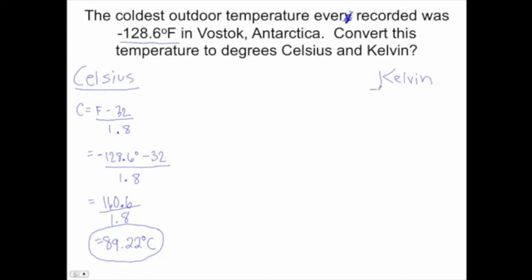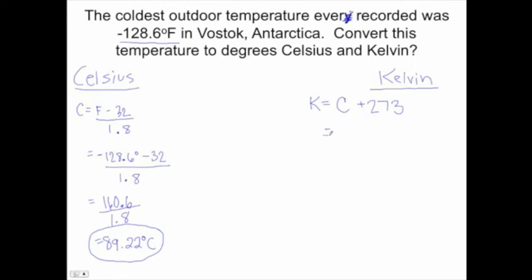Now we can take this Celsius temperature and get the Kelvin. The only formula we have that has Kelvin in it has Celsius plus 273. So this is why we have to get the Celsius first, because this formula doesn't have Fahrenheit in it at all.